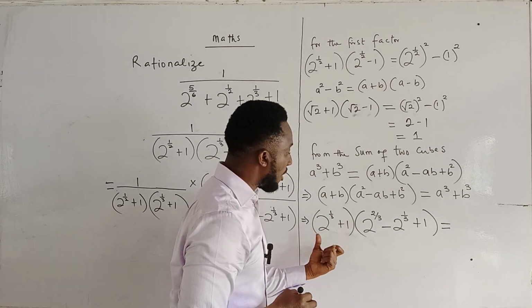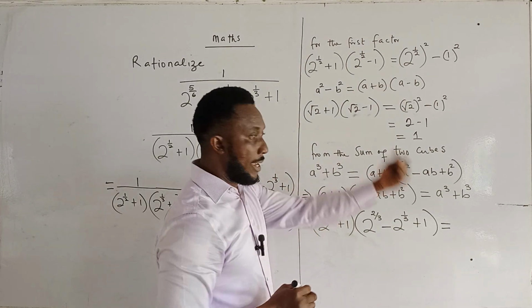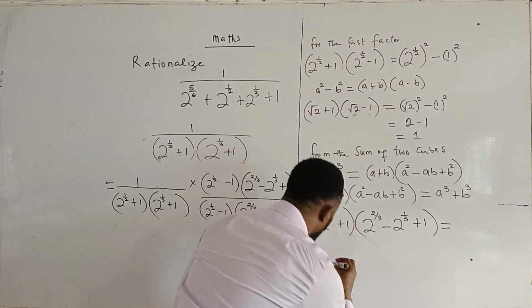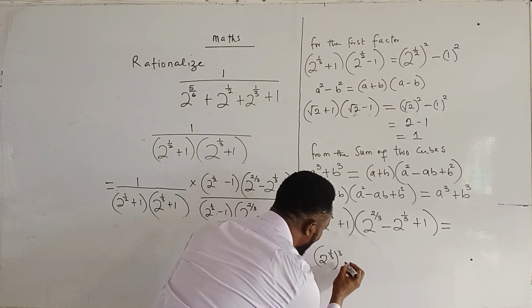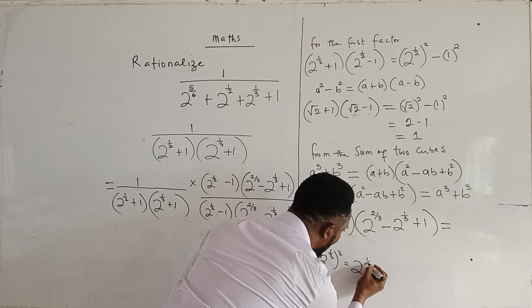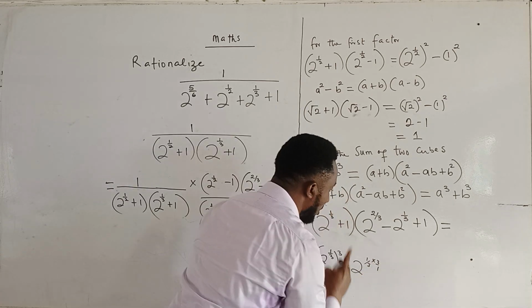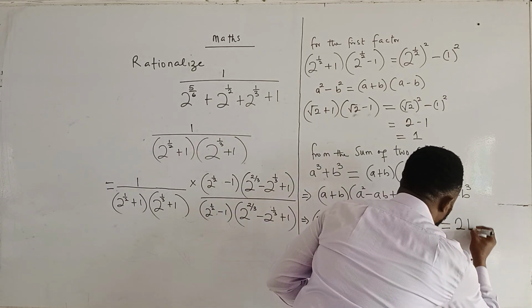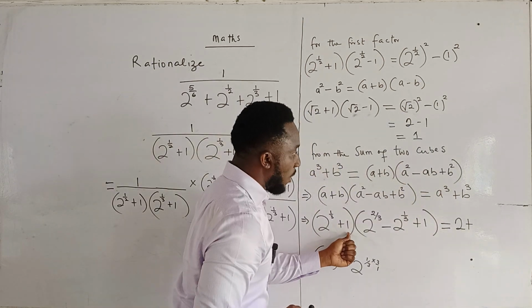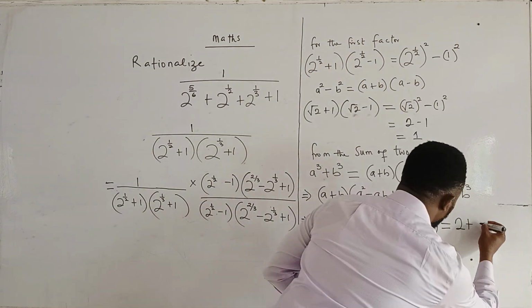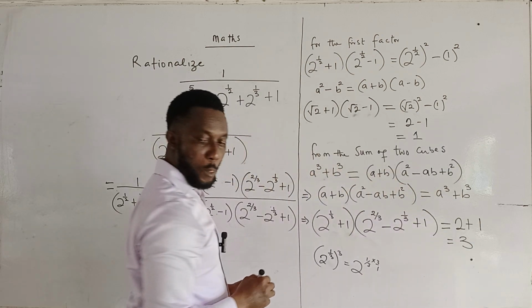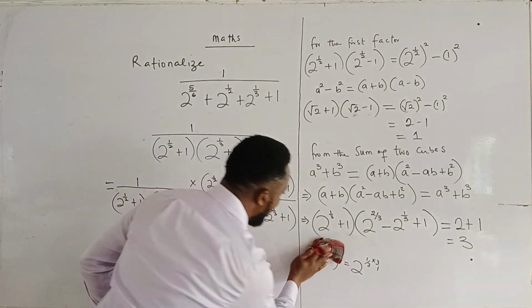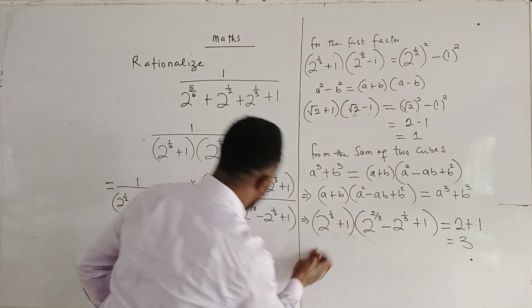I will take 2 to the power of 1/3 and cube it. That's going to be 2 to the power of 1/3 raised to the power of 3. That will give me 2 to the power of 1/3 times 3, which is 2. Now I will take 1 and cube it. That will be 1. So here I'm actually having 3. I will bring this information to this last line.